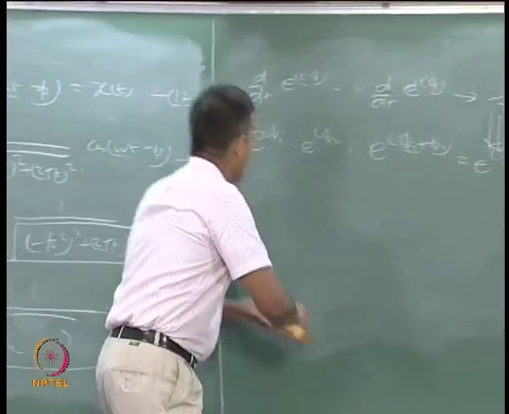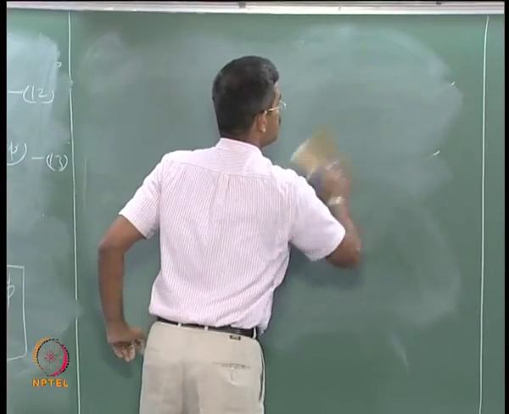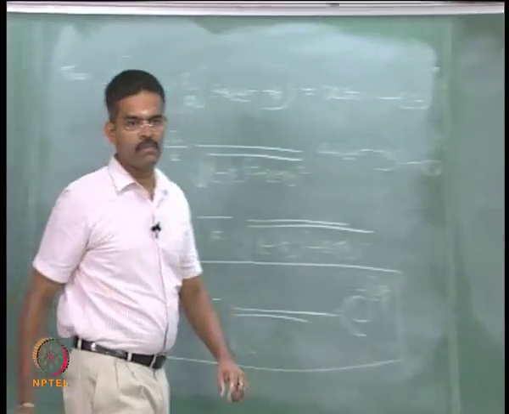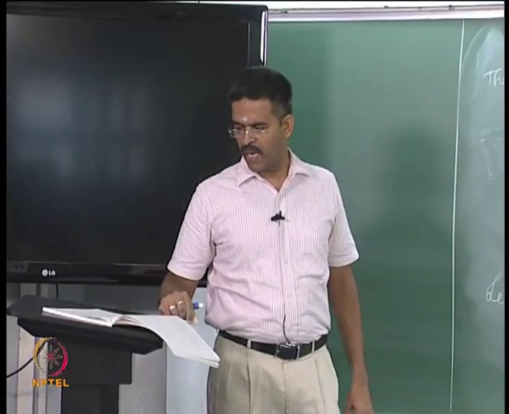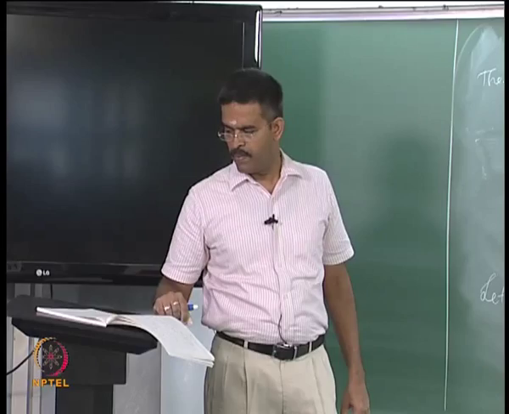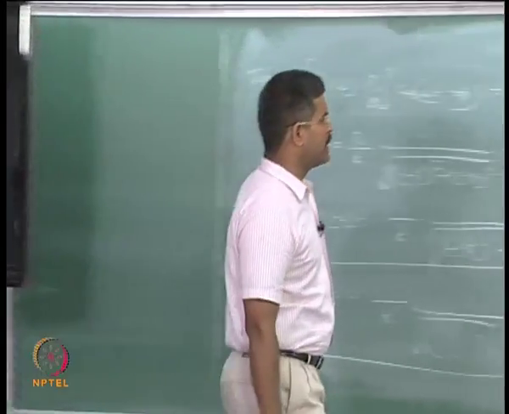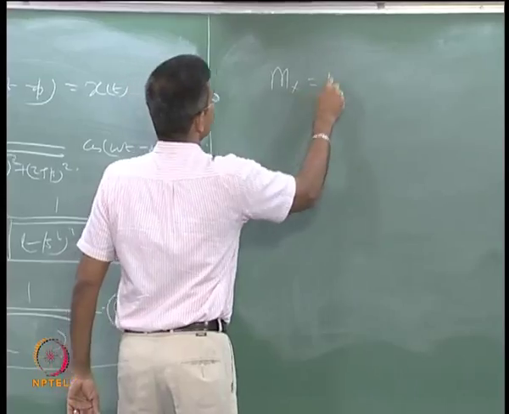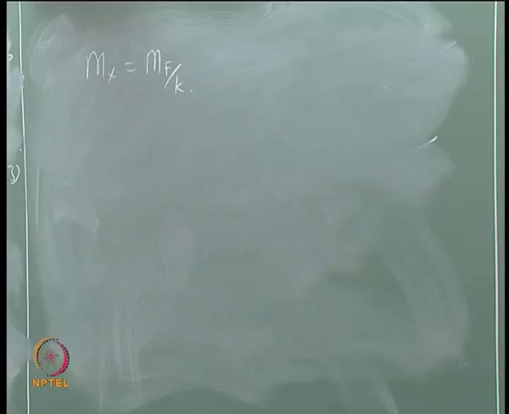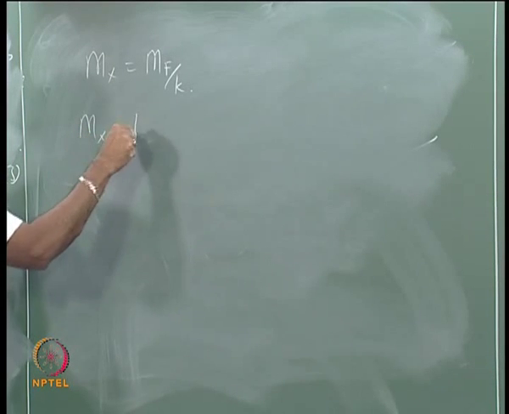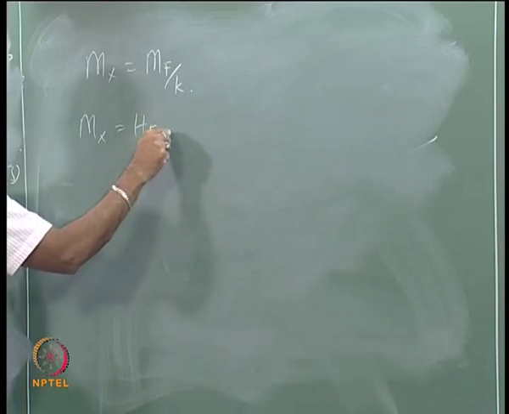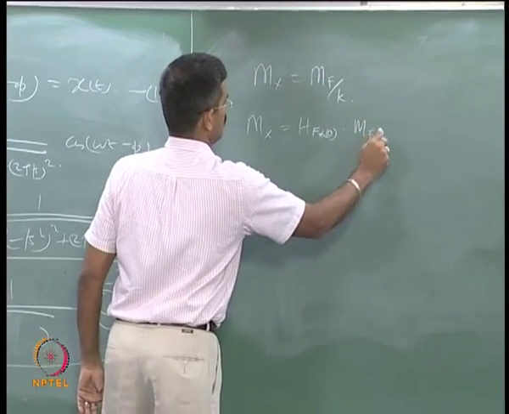Now what is the advantage after getting this? Very simple. If I know H(omega), I can now straight away say one advantage is, mean of x is mean of this by k, and mean of x is also equal to m.